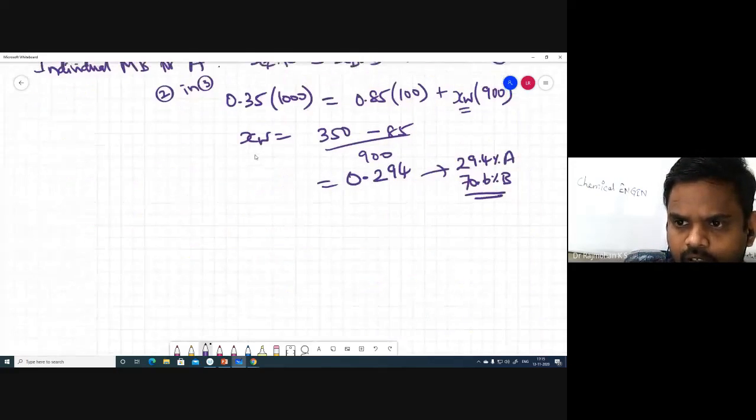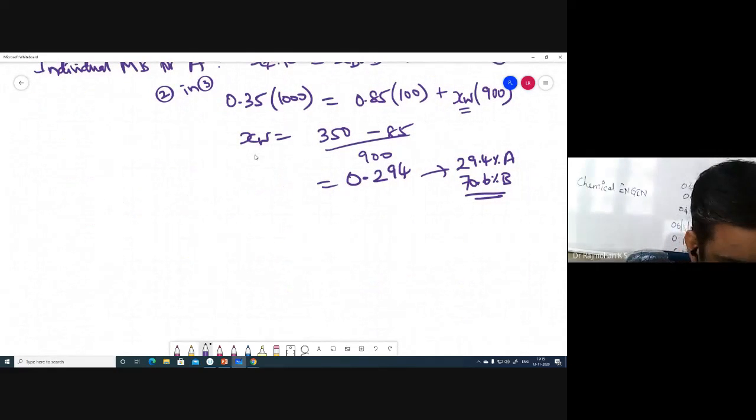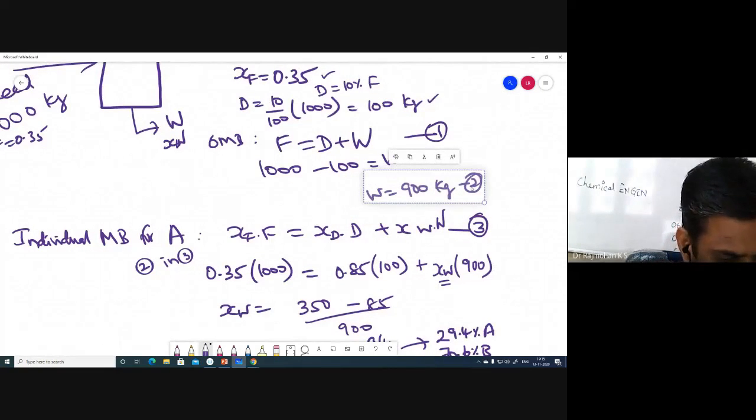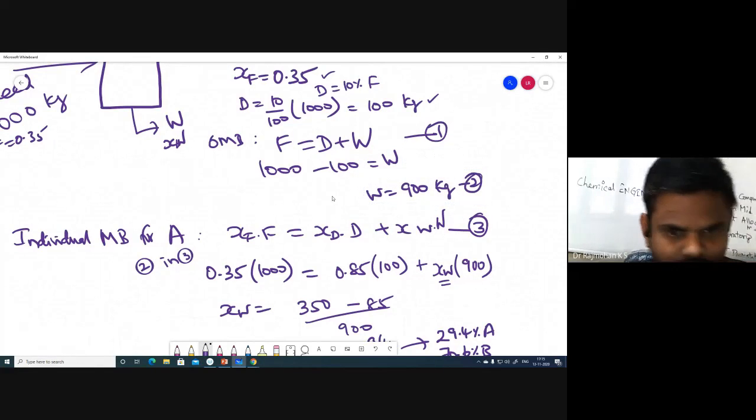So we have determined the W value. First we have to check whether W is correct or not. Go through the question again.